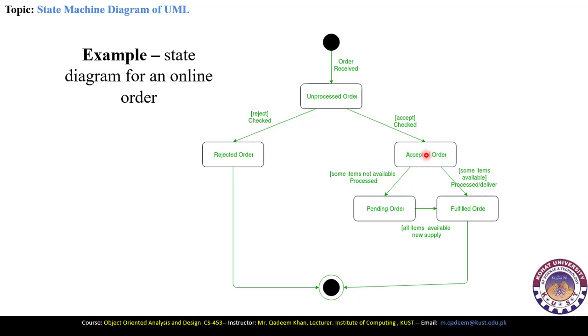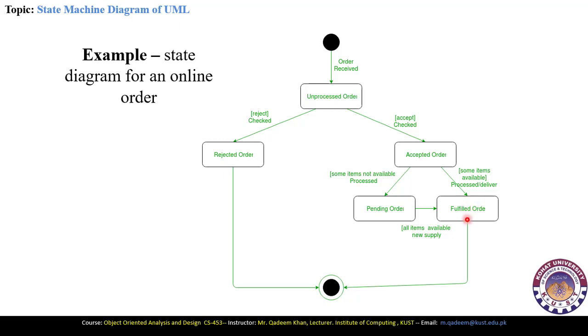After accepting the order, two parallel states will be called, that is the pending order or the fulfilled order. It means that the order will be pending due to some reasons, for example if some items are not available to be processed, then the order will be incomplete and it will be in the pending state. But if all the items are available, then process or deliver the order, and the fulfill order state will be called here.